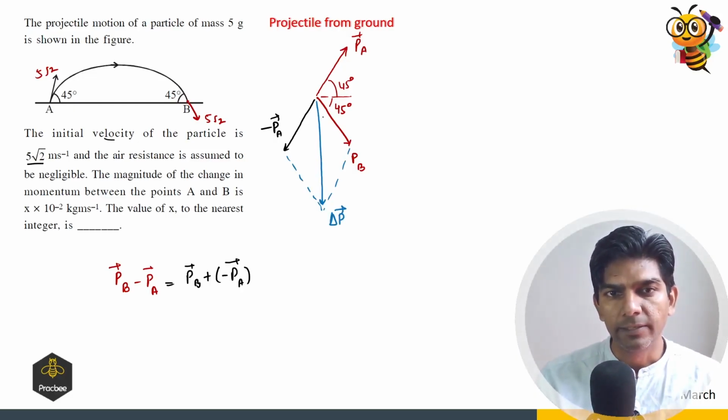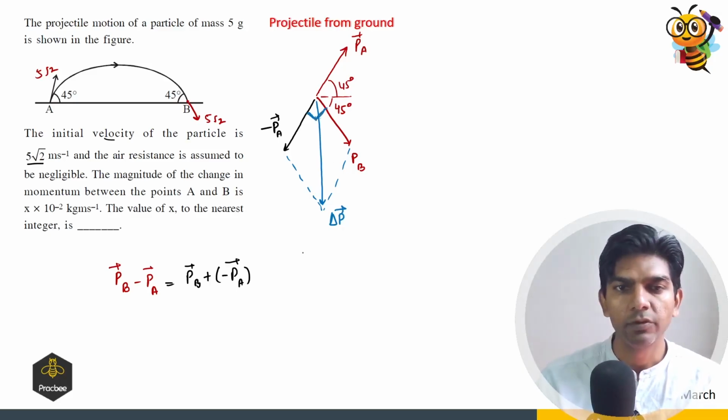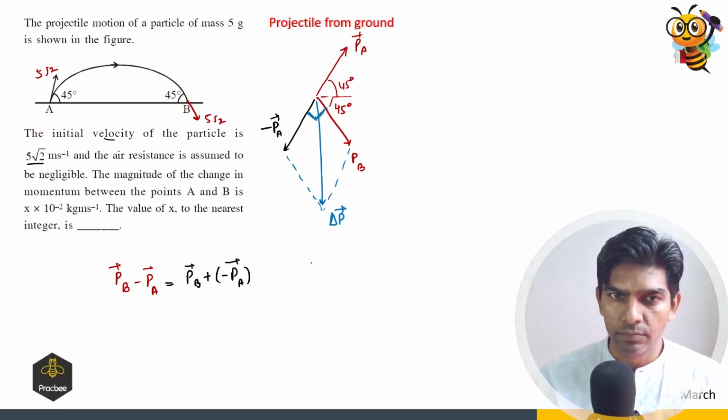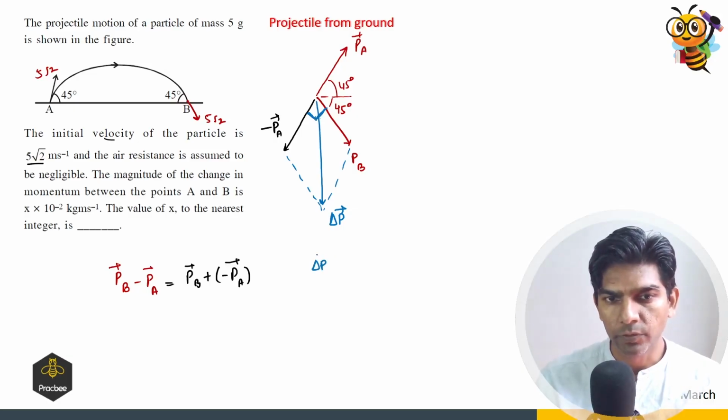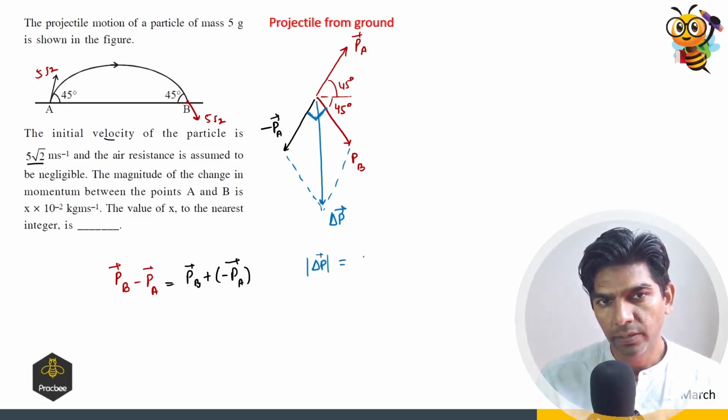And this total angle will be 90 degrees, right? So delta P will be what? It will be 2 times PA times cos 45 degrees, because PB and PA both have the same magnitude.